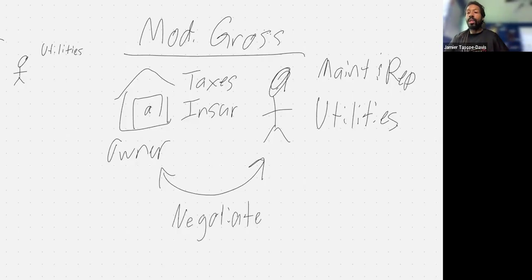So the owner can then say, maybe it's best if you cover a portion of maintenance, or if the repairs or modifications you're doing exceed a certain amount, you pay for this, we pay for anything else.